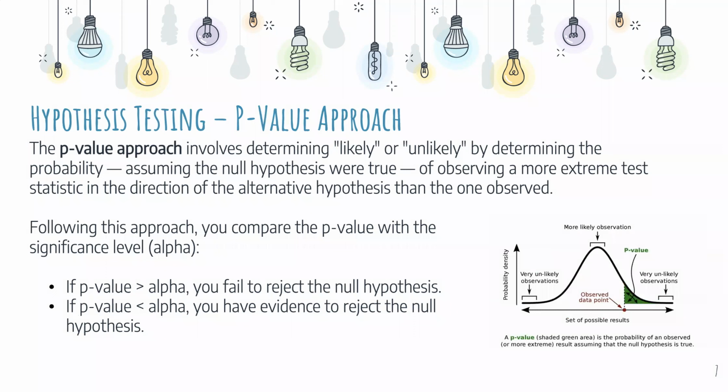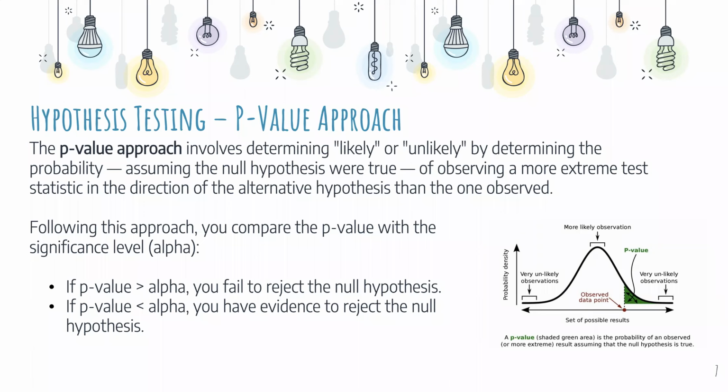When we talk about the p-value approach, the p-value approach involves determining likely or unlikely by determining the probability, assuming the null hypothesis were true, of observing a more extreme test statistic in the direction of the alternative hypothesis than the one observed.